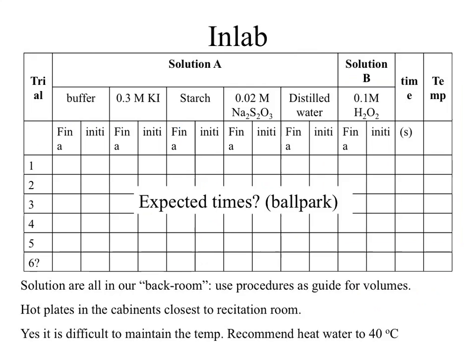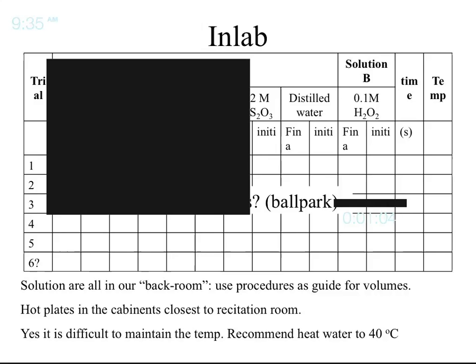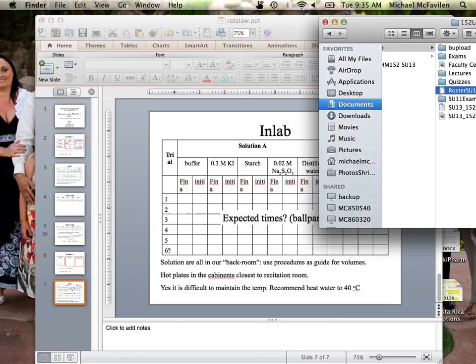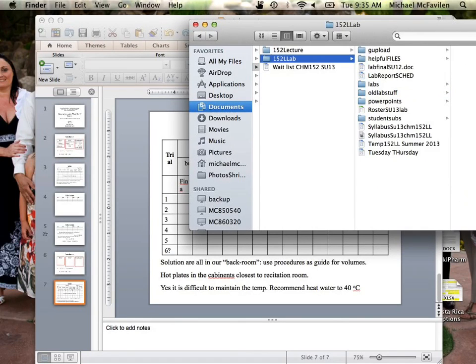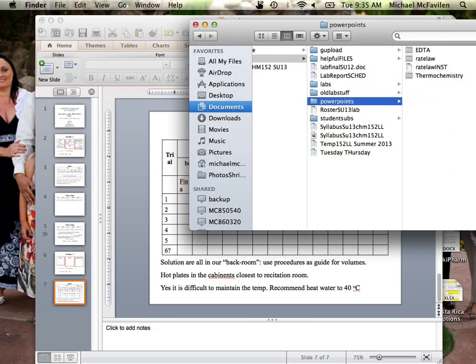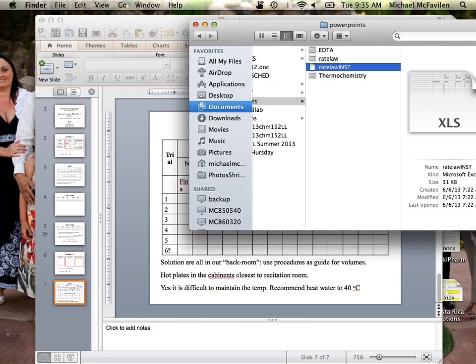So, as to these calculations, I closed it. We are going to open up the exact same file that we had before. Maybe. Yes, there it is.